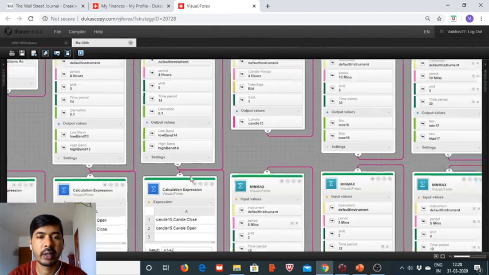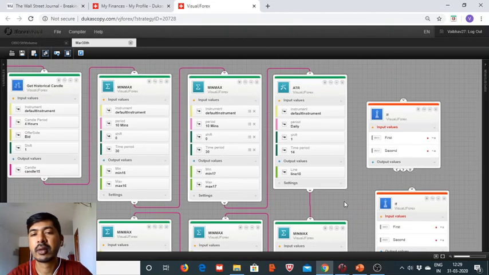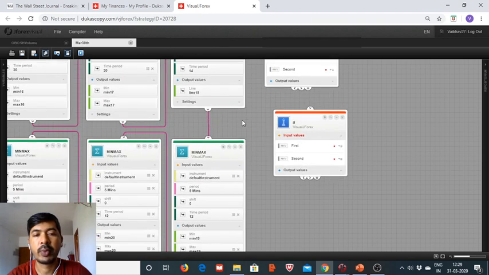And here I think we need to bring in further min-max conditions. We want that at least 4 to 5 hours should have passed after the prior low was made.